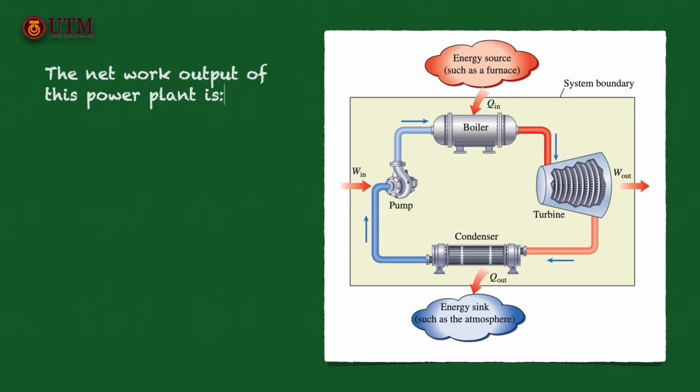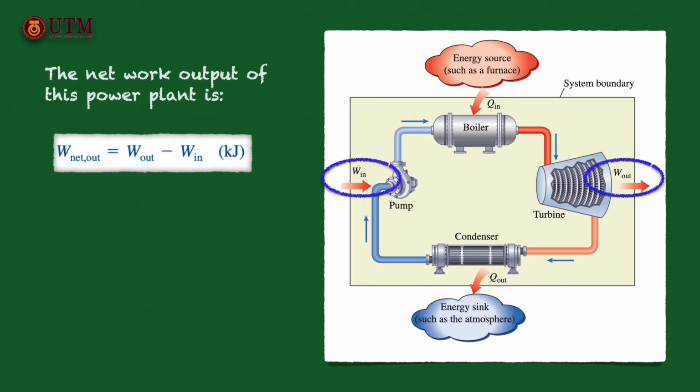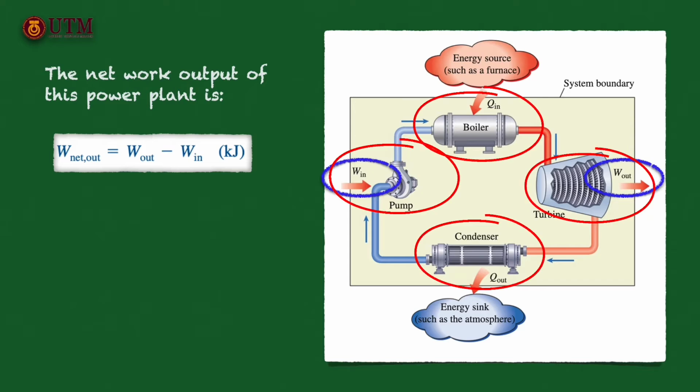The heat engine can be considered as a closed system that undergoes a cycle, since no mass enters or leaves the combination of four major components, specifically boiler, turbine, condenser, and pump, as illustrated in the shaded area.